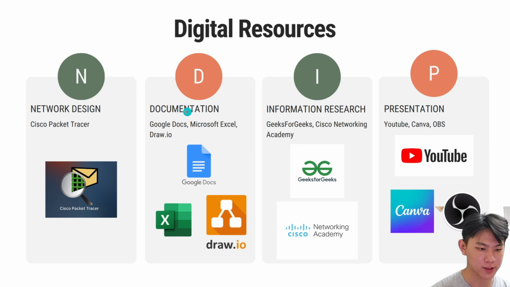For documentation, we use Google Docs for word processing, and Microsoft Excel and Draw.io to generate tables and diagrams. For information research, we use GeeksforGeeks and Cisco Networking Academy to gather the necessary information for the assignment. For the presentation, we use Canva to prepare the presentation slides, OBS to record the video, and YouTube as the platform for us to upload our video.